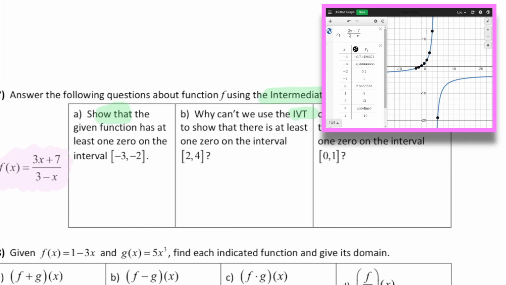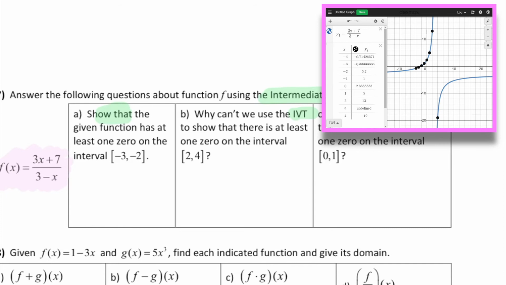Essentially the idea is that in order for there to be an x-intercept or a zero or a solution on a certain interval, you have to show that there's a point to the left and a point to the right of what you think is a zero where there's a sign change, where one is positive and one is negative.